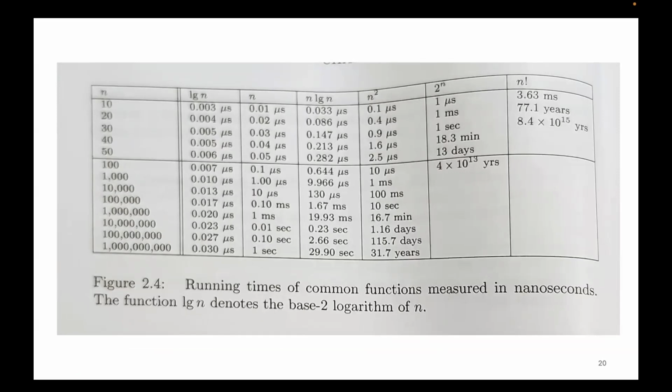There's different numbers for 10, 20, 30, 40, 50, and then 100 all the way up to 1,000,000. And then past that column, we've got log n, n log n, n squared, 2 to the n, and n factorial. So these are different classes of functions.